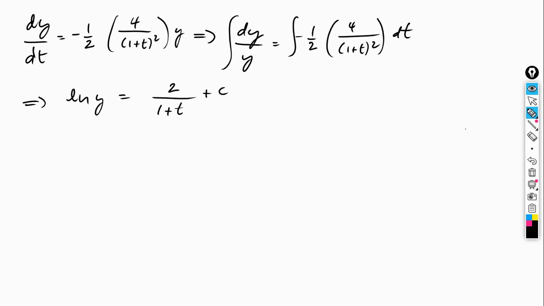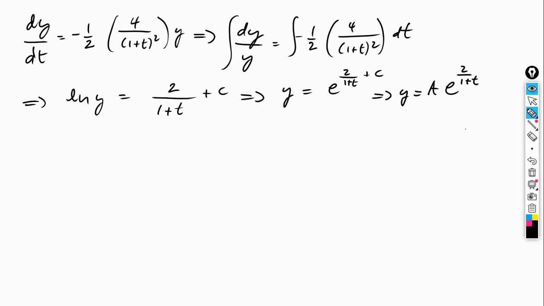So applying the properties of exponents and logarithms, we're going to get that y is equal to Euler's number to the power of 2 over 1 plus t plus c. And from previous experience, we know that this is going to equal y equals A times e to the power of 2 divided by 1 plus t.